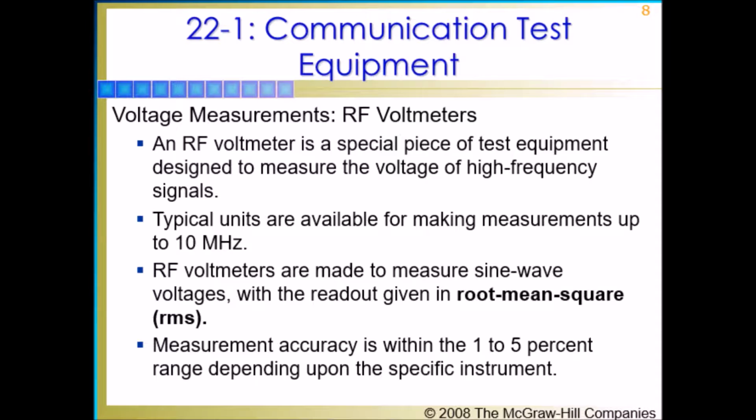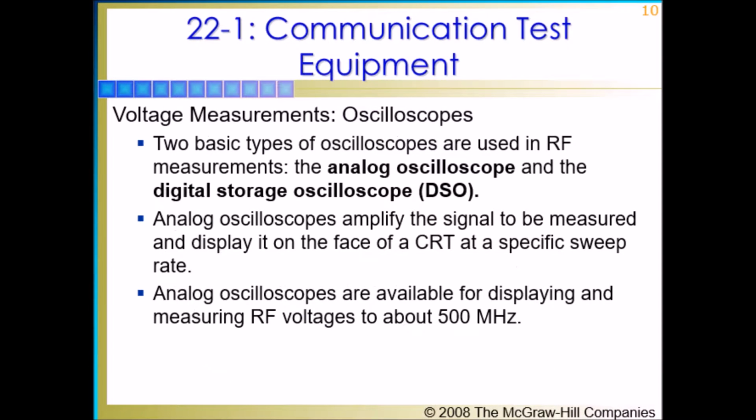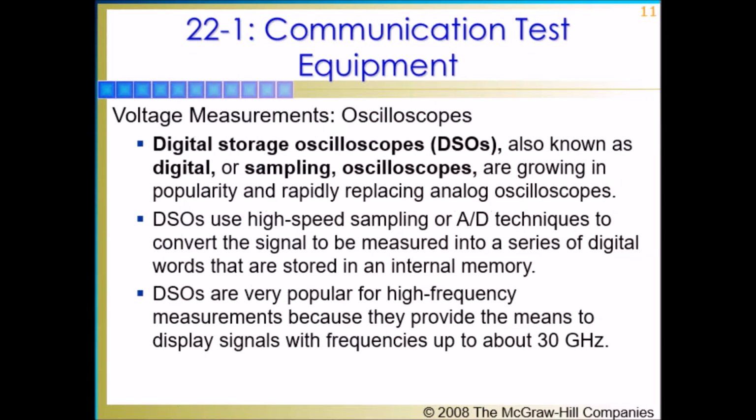There are two basic ways to make AC voltage measurements in electronic equipment. One is to use an AC voltmeter, while the second method is to use an oscilloscope. Most conventional voltmeters can measure AC voltages from a few millivolts to several hundred volts.